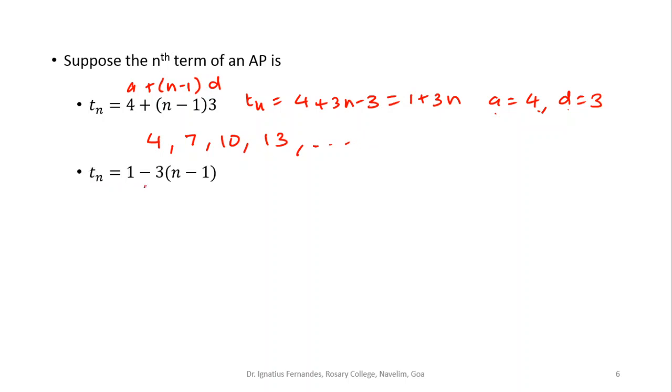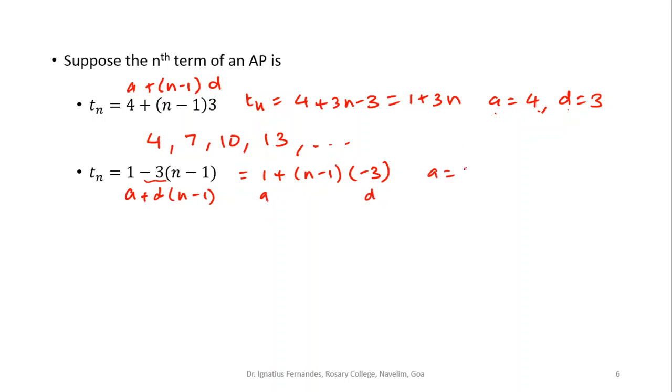Let's say I have the nth term of an arithmetic progression like this. If I have to again look at this in the general form, this is a, this is n minus 1, and this will be your d. So if I have to rewrite this, I may write it as 1 plus n minus 1 into minus 3, so that this is a and this is your d.